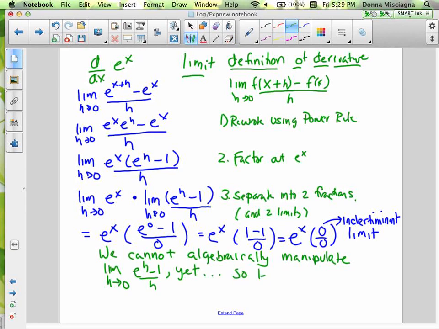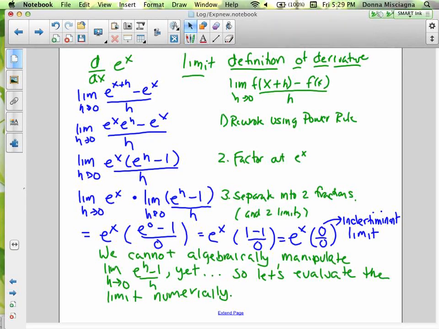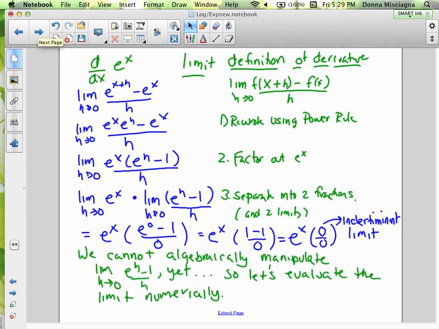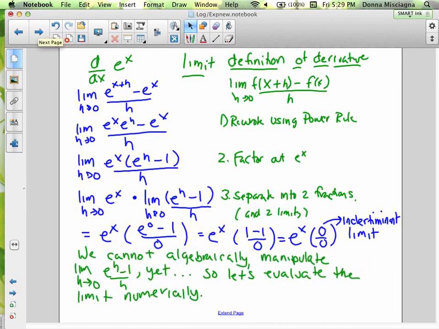So let's evaluate the limit numerically and see what we think. I hope I have enough room for the rest of my proof here, my derivation. We'll just move these over so that I can use that space over there.